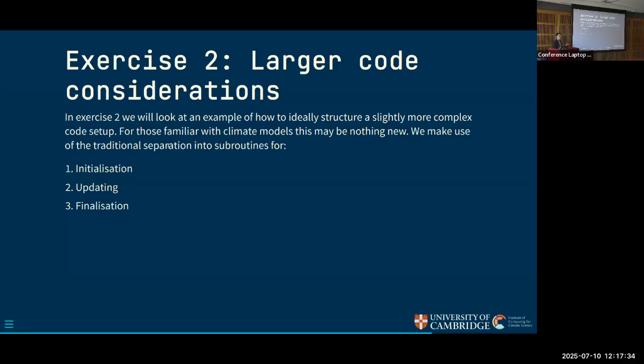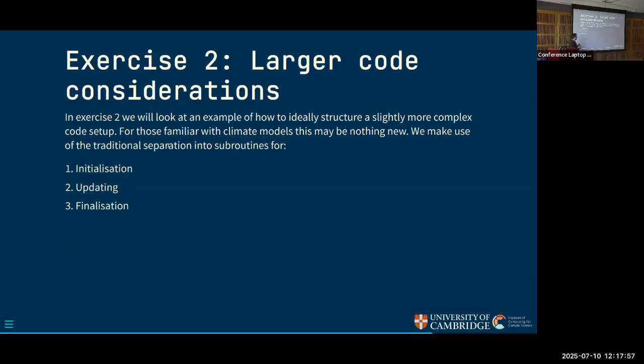What we advise, and again, there's an exercise that we're going to work through that's also included in the FTorch repo, is that instead you break things up into three stages, much like you would do with traditional parameterizations in climate models. Firstly, there's an initialization where you set up the variables you're going to need, set up your model, read everything in from disk and store it in memory.